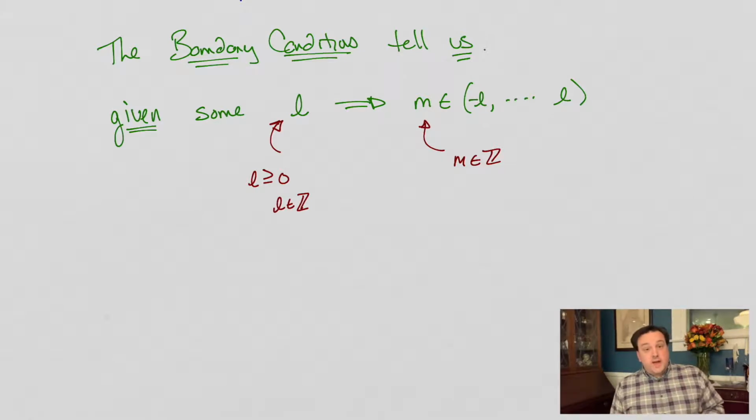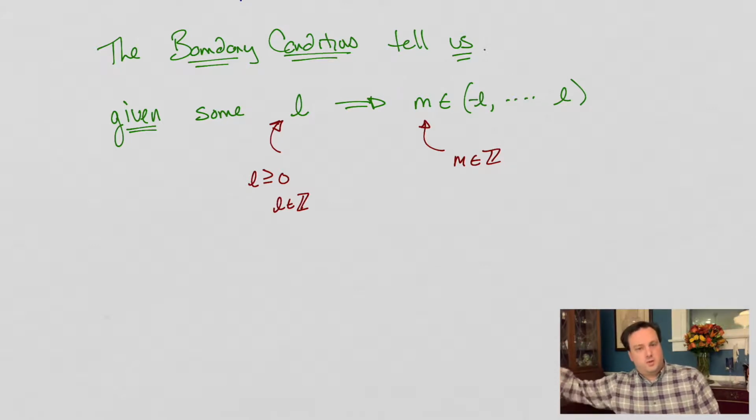And so what do those boundary conditions tell us? Well, they tell us that this number L is going to be an integer that's greater than or equal to 0. Okay, so L can be 0, 1, 2, 3, all the way up. And the only solutions that exist to the associated Legendre equation are ones for which M is between -L and L. That is to say, M can be -L, minus L plus 1, 0.